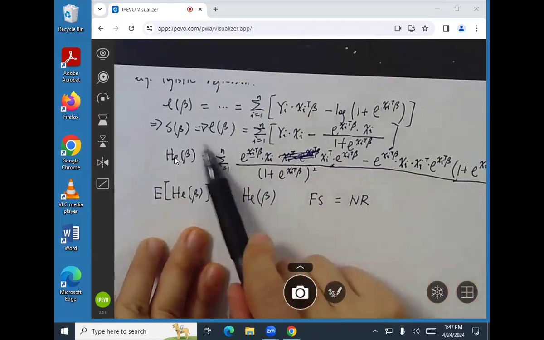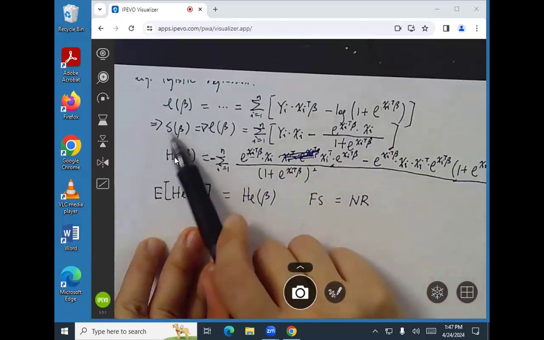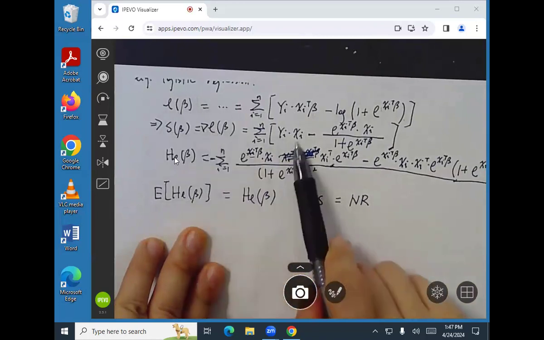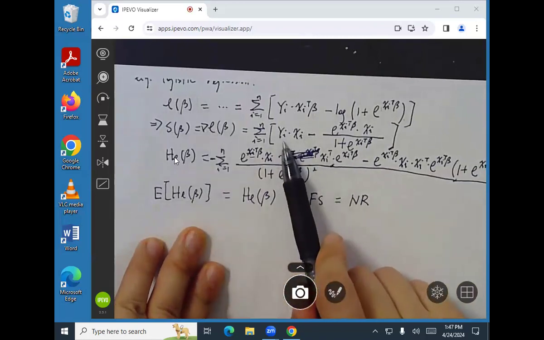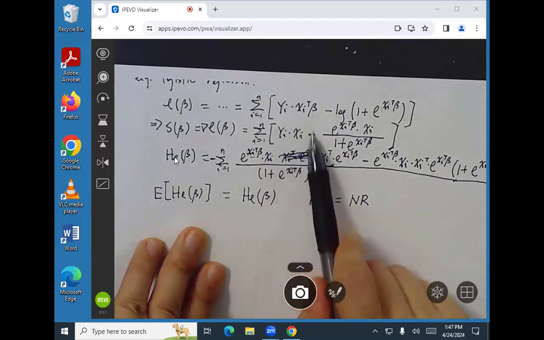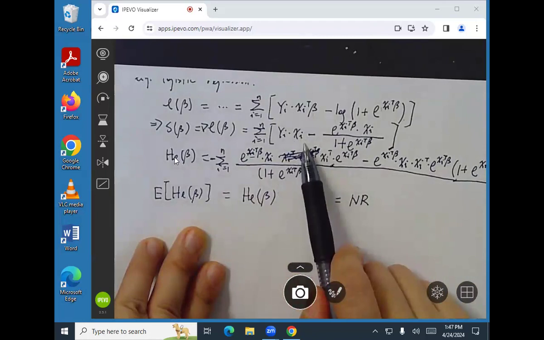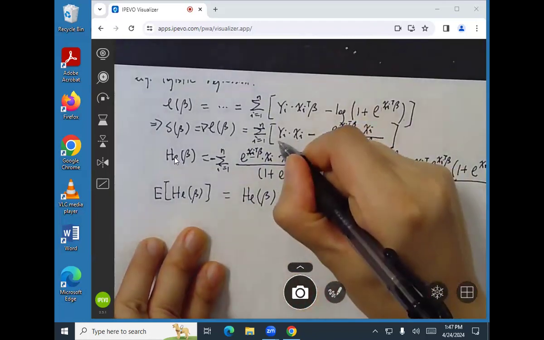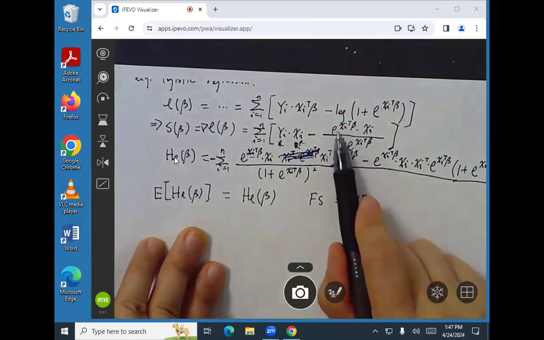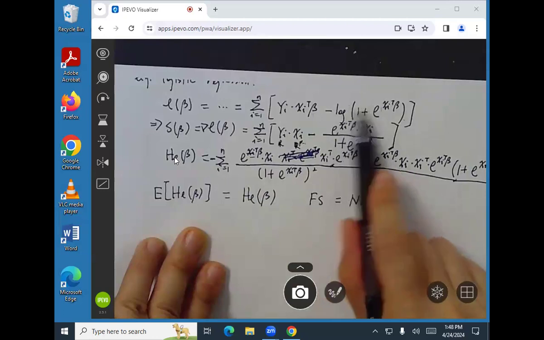Then when we calculate the score function, it's the gradient of the log likelihood with respect to beta. This is what we get: summation yi xi. What is the dimension of this? p-dimensional, because xi is a p-dimensional vector. Don't forget that. y is a scalar, this is p-dimensional. And for this term, we just take the derivative.